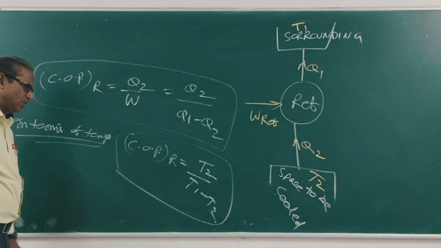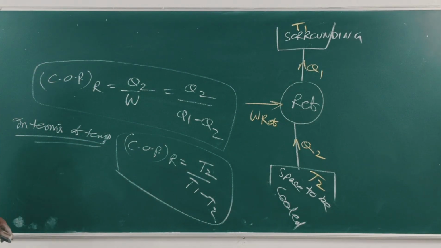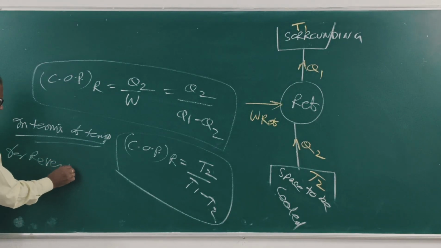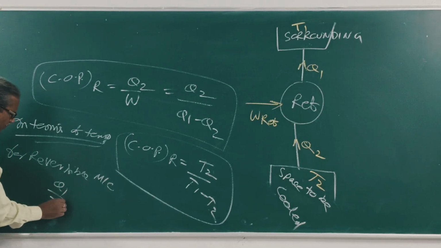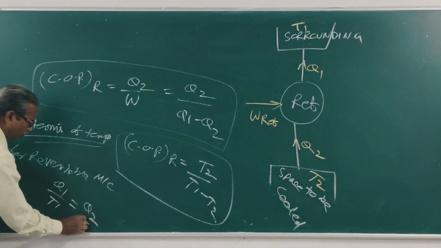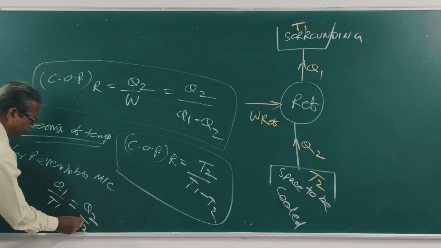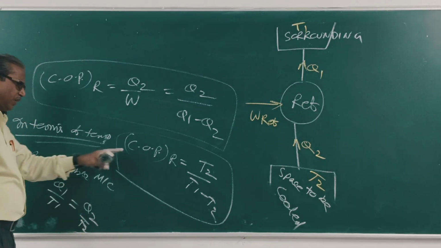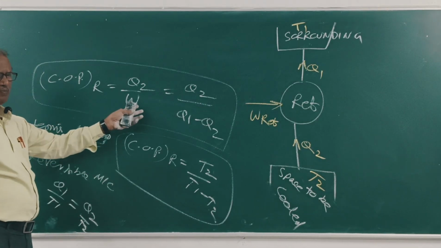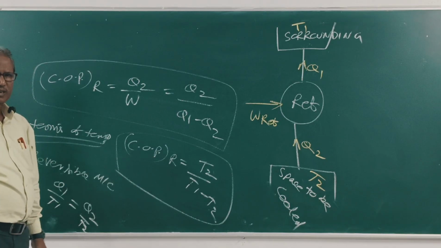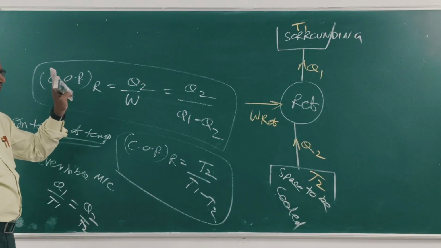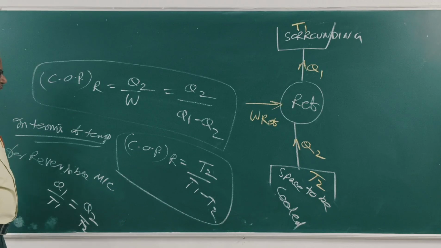Clear? For a reversible machine, Q1 by T1 is equal to Q2 by T2. Clear? It means I can put T2, T1 in place of Q2, Q1. So COP R is equal to T2 by T1 minus T2. This is for the refrigerator. Now heat pump.